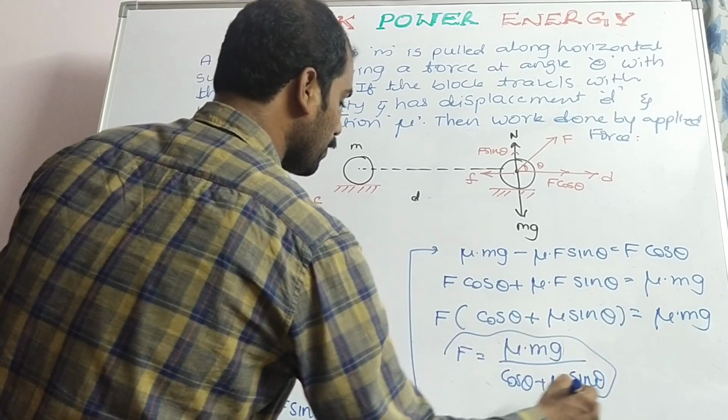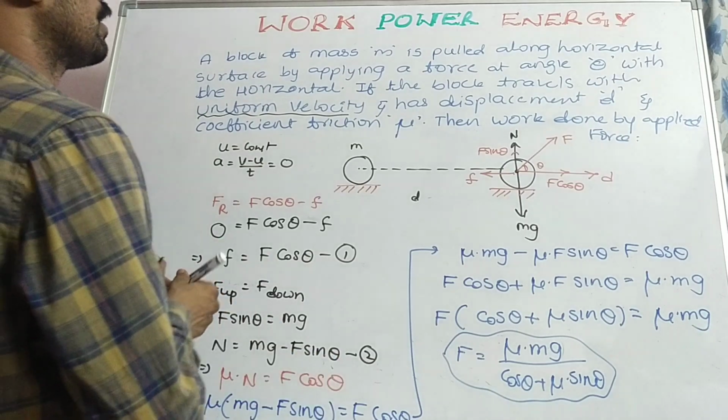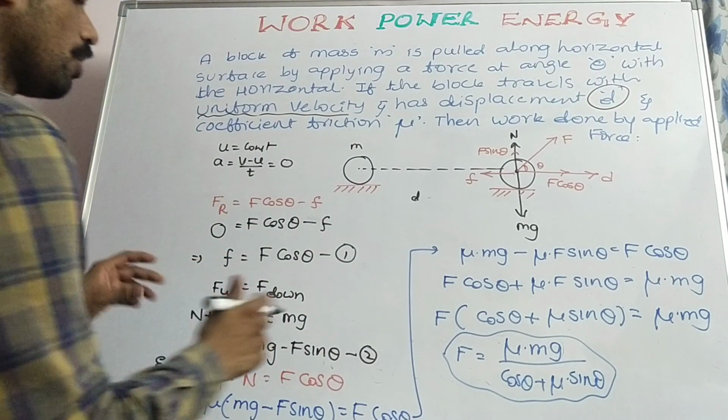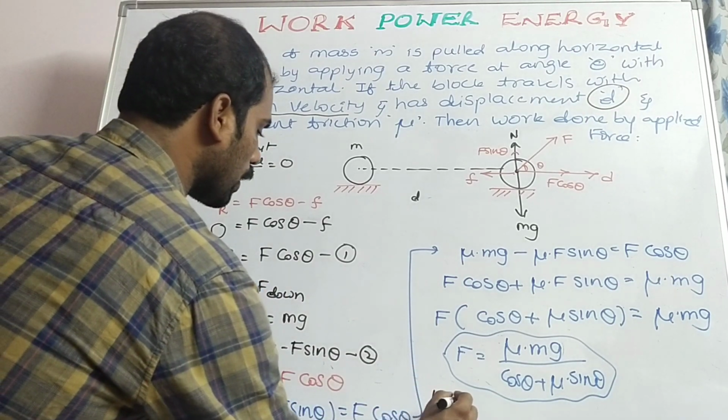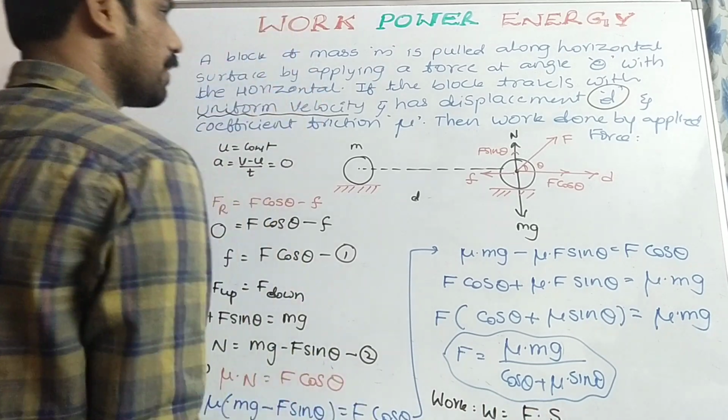But we have to find the work done. What is the expression for work done? W is equal to F into the distance traveled, that is, F into d.